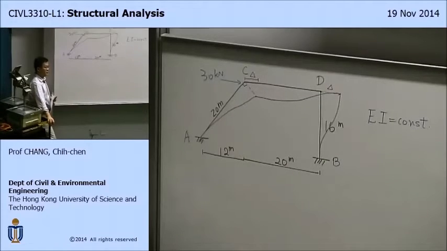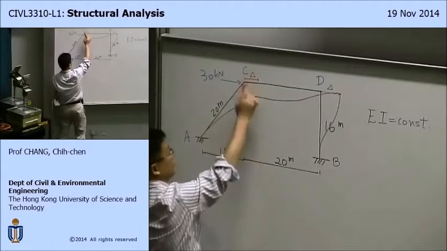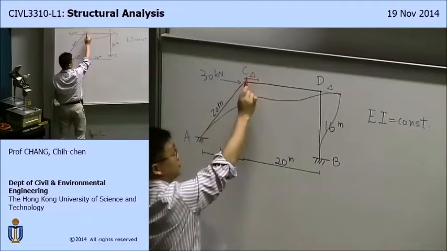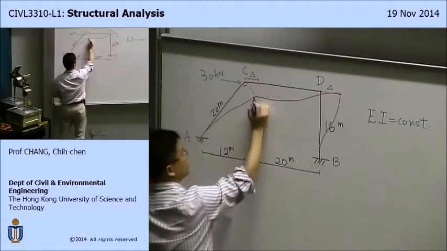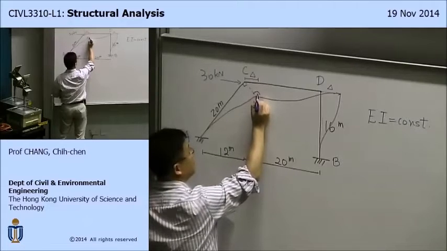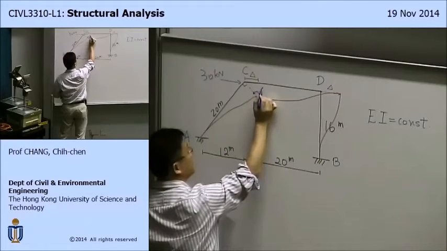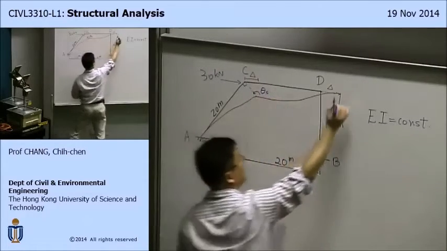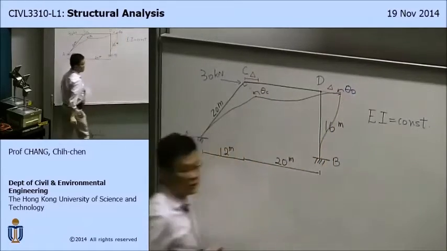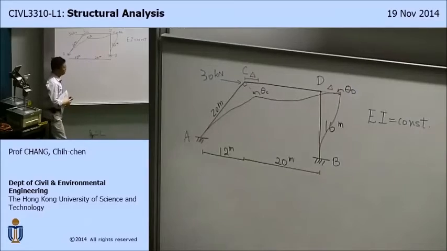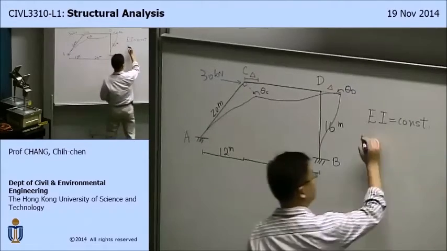So this is a possible deflected shape. Now the rest of the calculation is trying to calculate how much it moved, delta, as well as the rotation angle theta C and rotation angle theta D. So we do have three unknowns that we need to find.